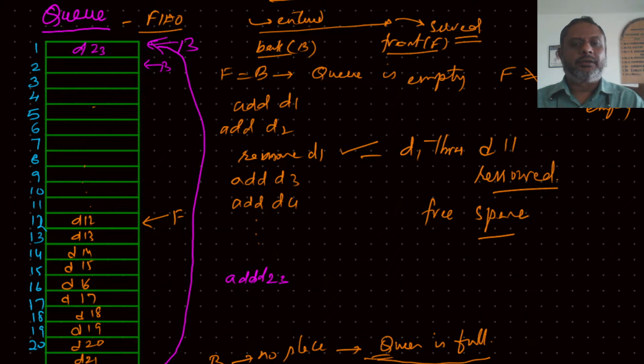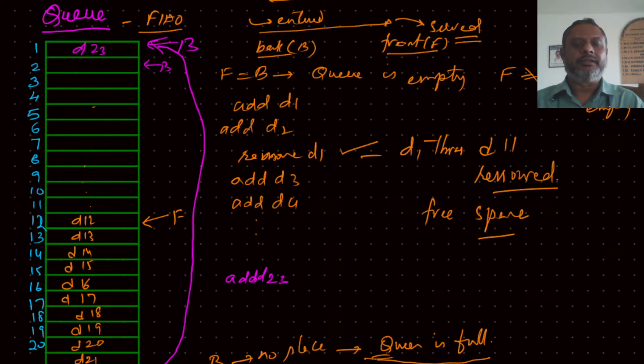If we can allow the front and back pointers to shift from the end of the memory back to the beginning of the memory, then this can be easily taken care of. And if you carefully look at it, it appears as if the last location is just before the first location, or the first location is just after the last location.